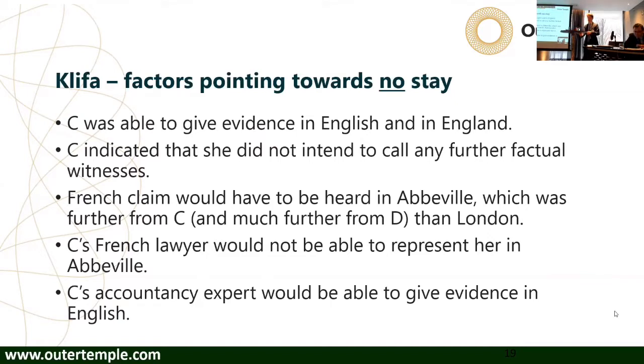Similarly, the claimant's French lawyer, who she'd instructed, wouldn't be able to represent her at the trial in Abbeville because they weren't qualified there. And therefore, although on the face of it, some of these factors might look as if they point quite clearly towards France as being the more appropriate venue, when you analyse them in a bit more detail, they turned out not to be quite so emphatic.